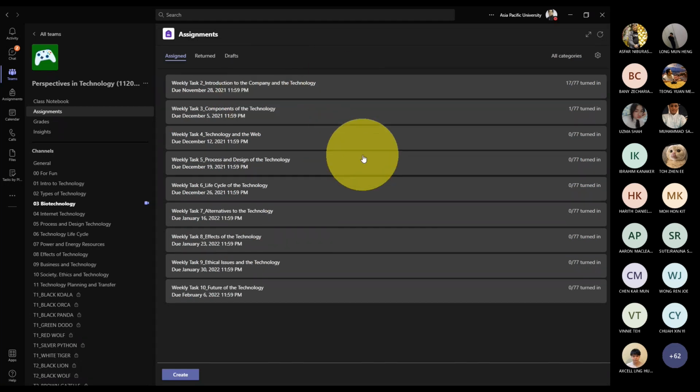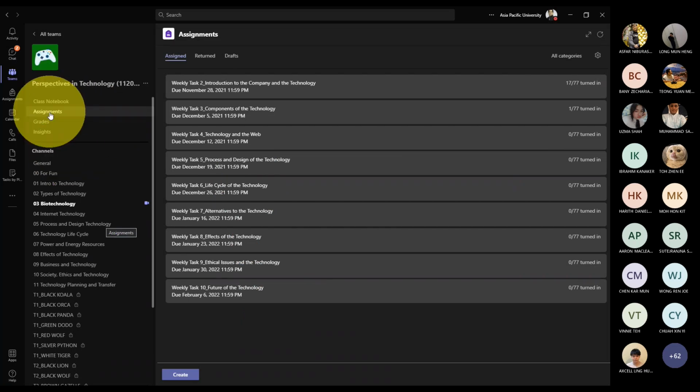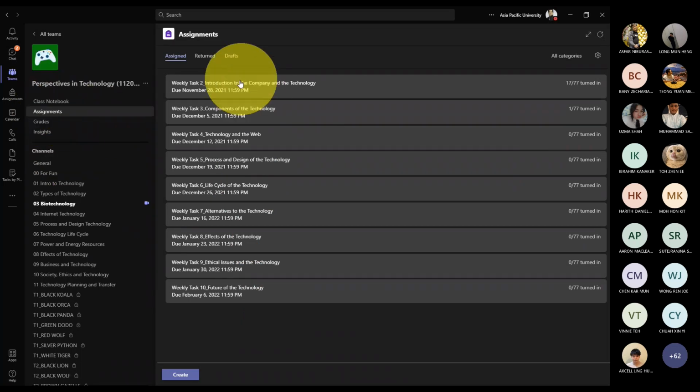Anyway, if you notice here, every week's task due date is already decided. You get to view it by going into Teams and clicking on assignments. You will see it start from weekly task 2, 3, 4, 5, all the way until weekly task 10. To standardize it so that it's easier for me to check as well, it is on the Sunday of every week.